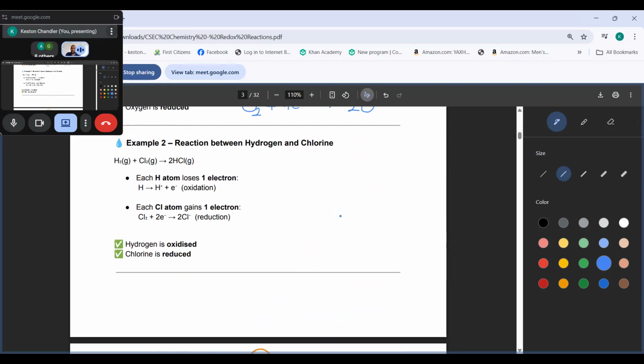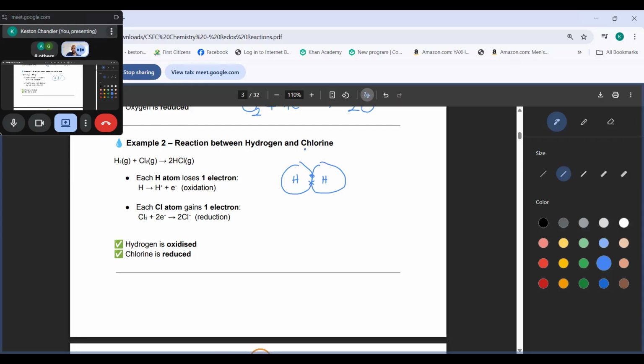So we're looking at another example, the reaction between hydrogen and chlorine. Now, hydrogen in its elemental or molecular state is H2 gas. So too is chlorine, right? So we look at hydrogen. H2 is really 2 atoms joined like this. They share electrons to complete the outer shell.